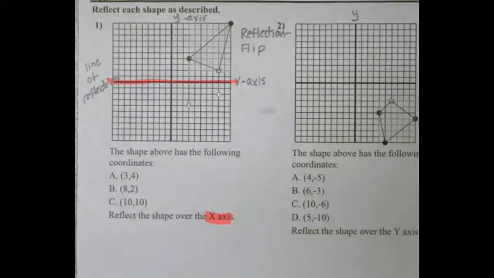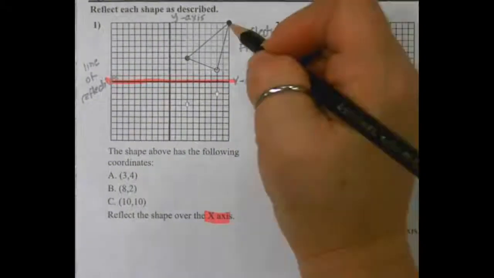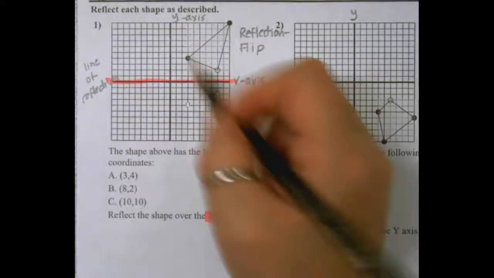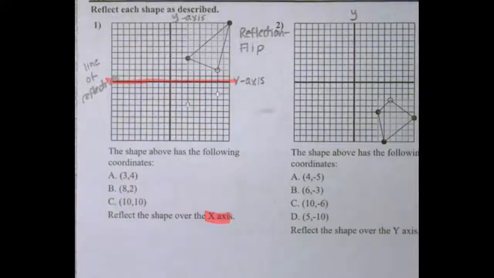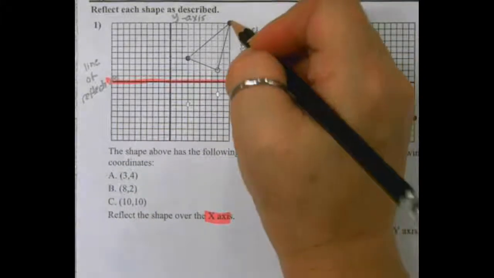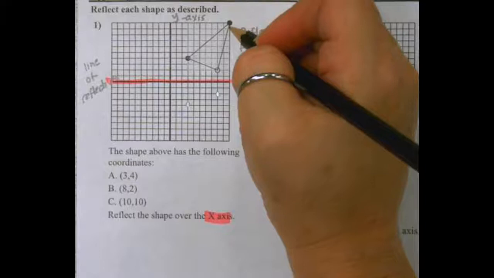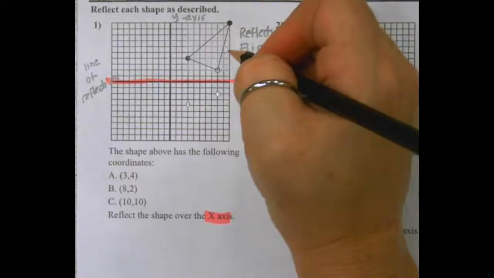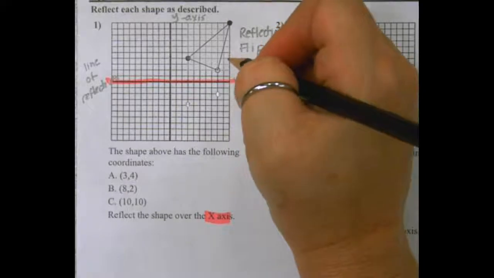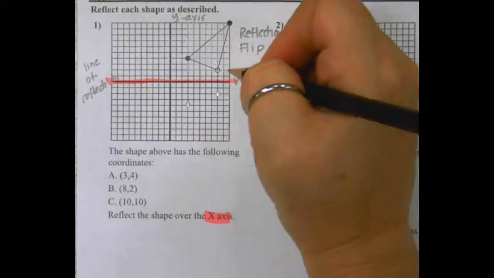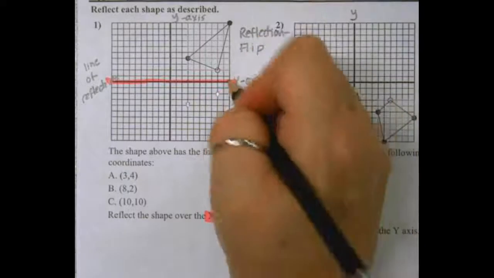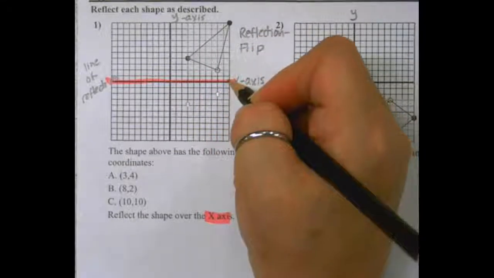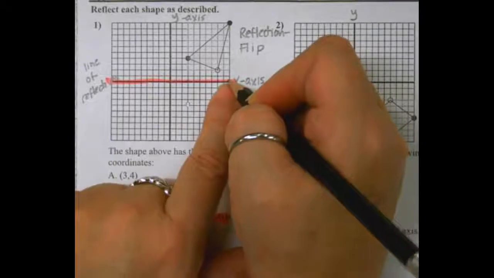Okay? Now we're going to take this last one here because I've got these 2 done, right? This one and this one reflected right over that line. So we're going to take the third point and we're going to count. 1, 2, 3, 4, 5, 6, 7, 8, 9, 10. Now, it took me 10 boxes to get to my line of reflection.